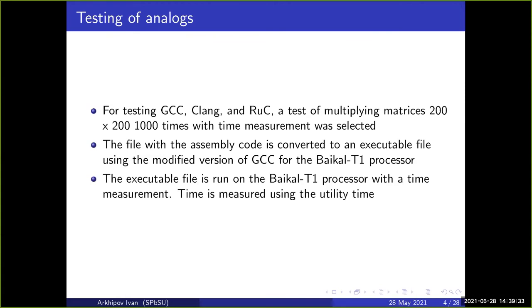The file with assembly code is converted to an executable file with a modified version of GCC special for the Baikal T1 processor, and then this executable file is run on this processor with the time measured.